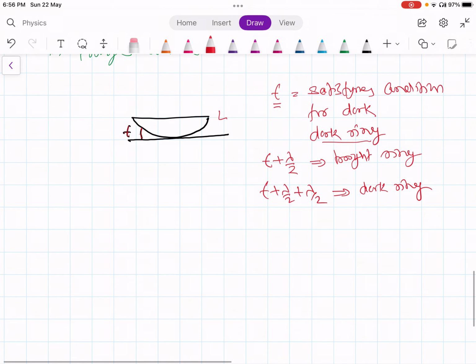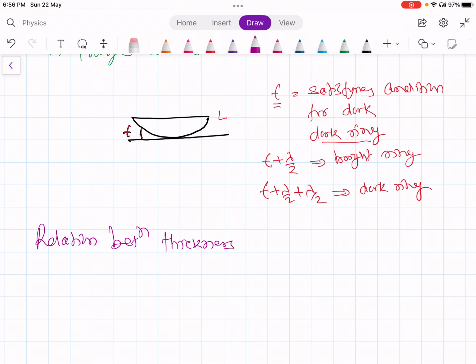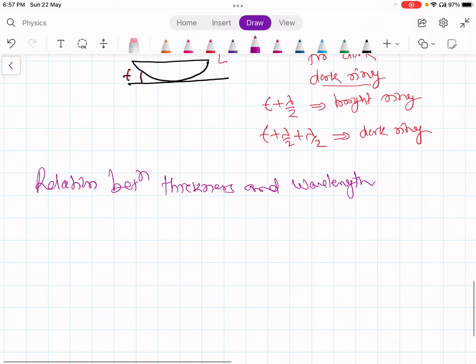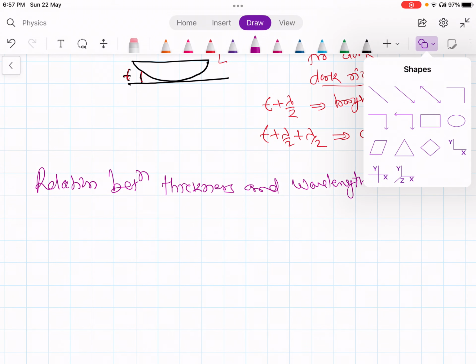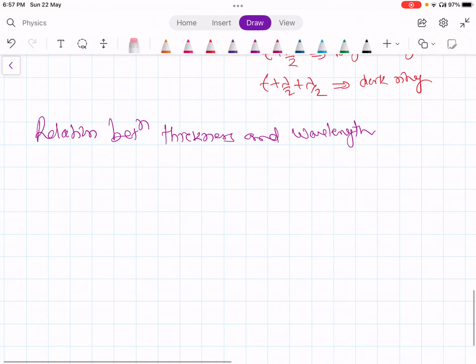Then let us find the relation between thickness and wavelength. For that, let us consider this circle.